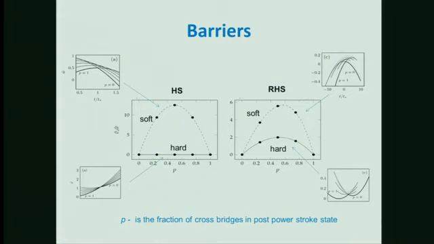So we have to open some kind of additional internal variable that is natural here. It's a fraction of cross bridges in post-power stroke state. And when we go here in the soft device, we have a barrier, while here in the hard device, we don't have any barrier.